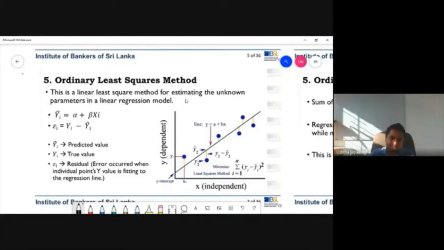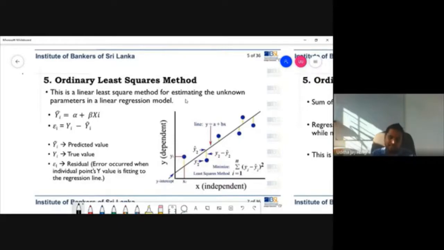You can call it the way you like, but the essence is that without any theory you can find a best fitting line just by looking at the data points and estimating that it is going to cover the maximum amount of points. But from this point onwards, we are going to scientifically learn one of the most widely used methods in regression, that is the ordinary least squares method.